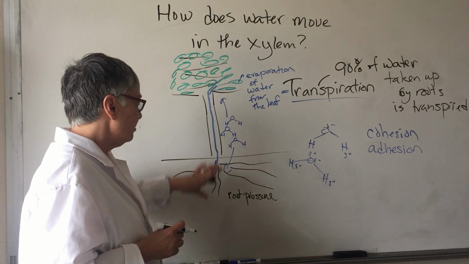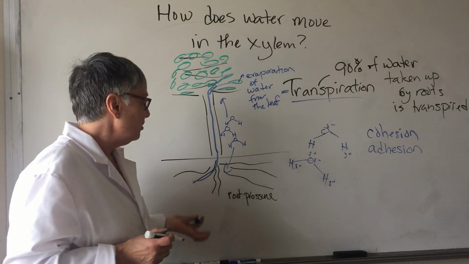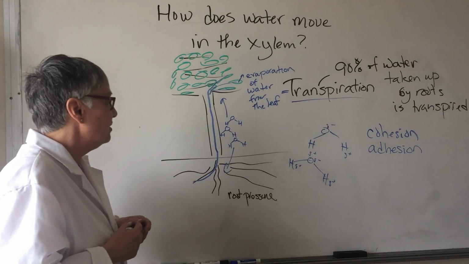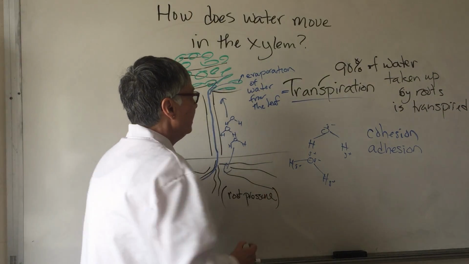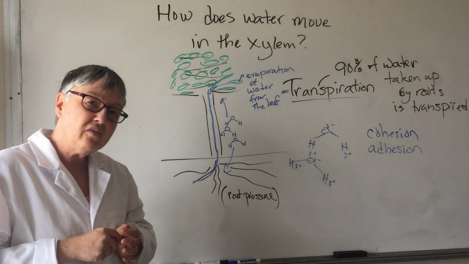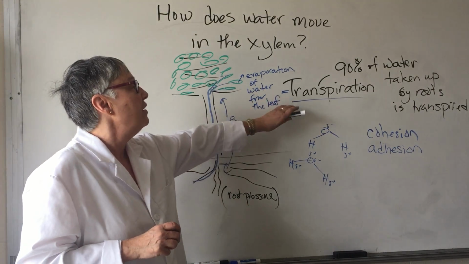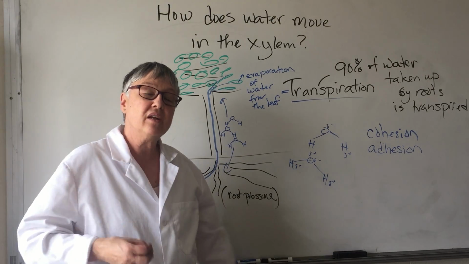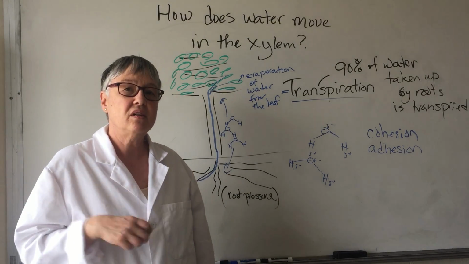So root pressure can move water a little bit, but again, it's not the entire explanation by any means. The main explanation has to do with the polarity of water and the transpiration that occurs from the leaves of the plant.